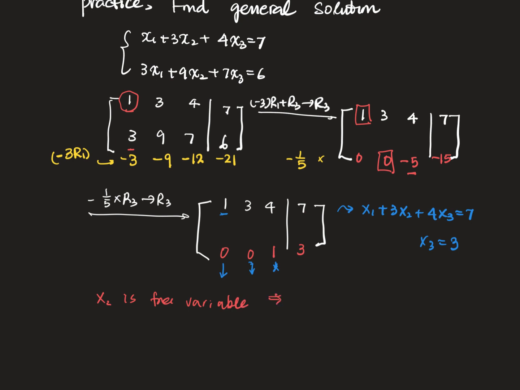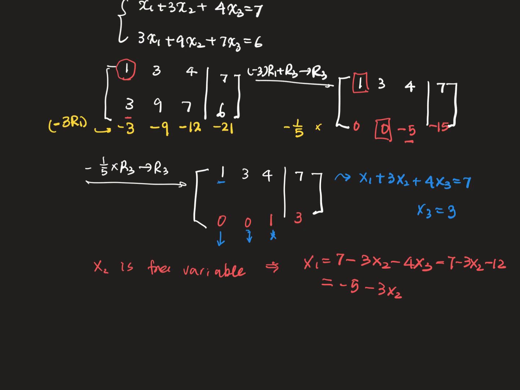Now, x3 is going to be 3, x1 is going to be 7 minus 3x2 minus 4x3. This means 7 minus 3x2 minus 12. That's going to be -5 minus 3x2. Okay, what is the solution going to be, guys? x1, x2, x3.